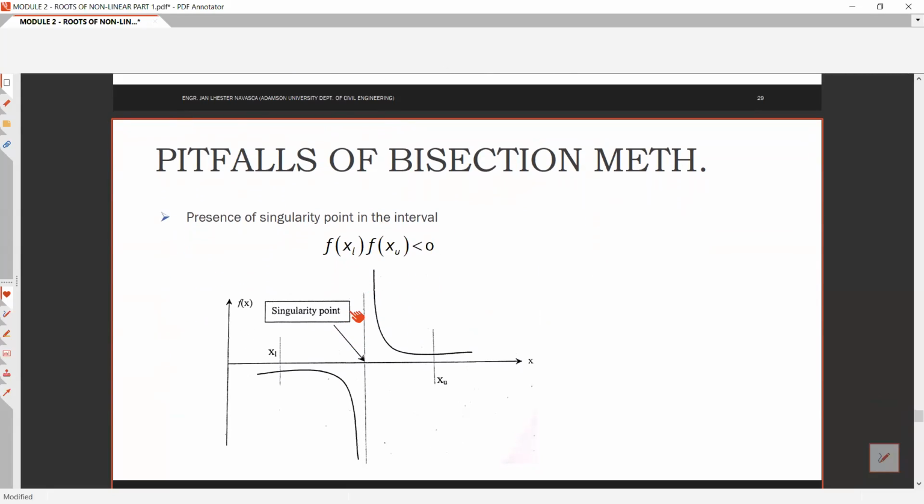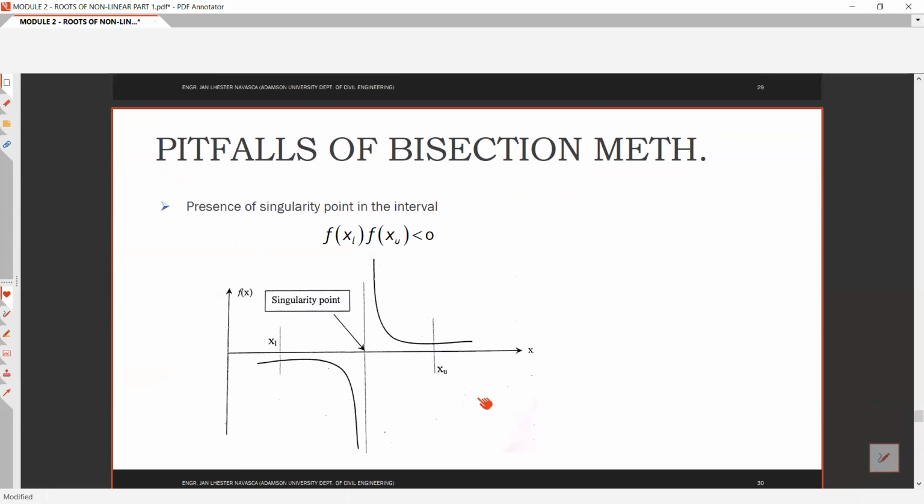Then, ito, example nung question mo kanina na, yes, sir, parehas nga siya na negative pero hindi mahanap yung singular point or yung may asymptotic siya. Hindi continuous yung function. So, yes, pwedeng mangyari yung tinanong mo kanina, that is another pitfall for the bisection method. But in the case for your exam, for your quizzes, hindi ko naman ihahayaan na yun yung ibibigay ko. Okay?